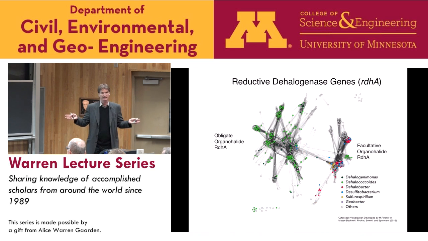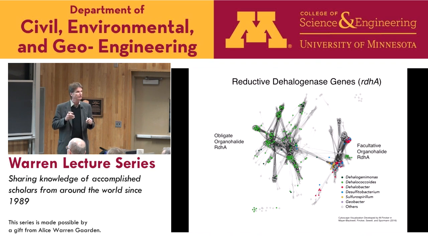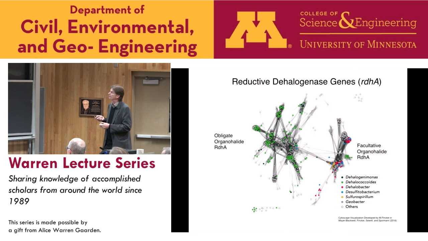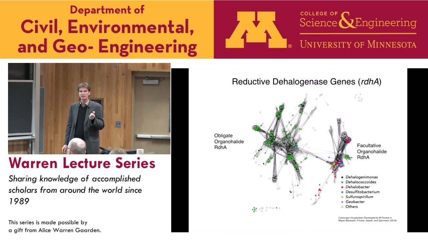If you look at all reductive dehalogenases and compare the amino acid sequences and do an alignment, you essentially see that these reductive dehalogenases fall more or less into two major classes. There's this major class here that groups certain reductive dehalogenases together, and all these green dots are those reductive dehalogenases that are involved in energy conservation.